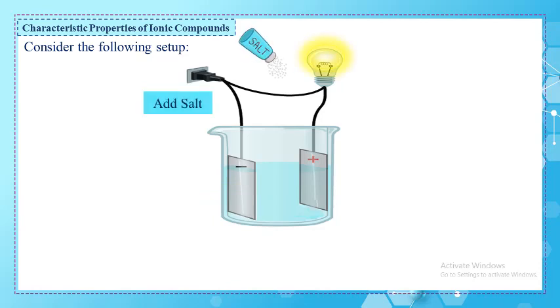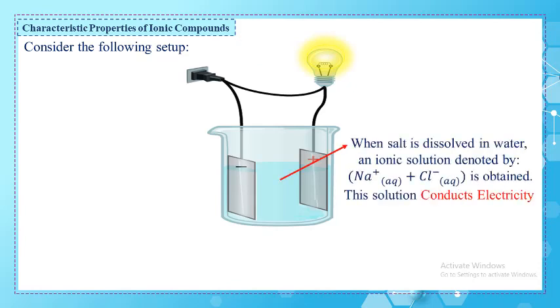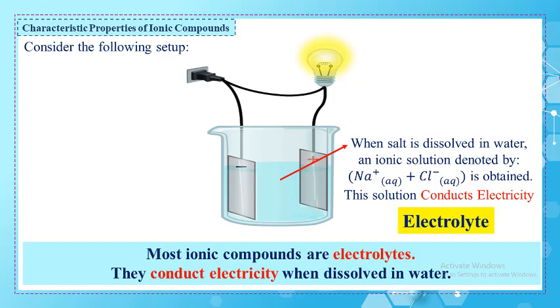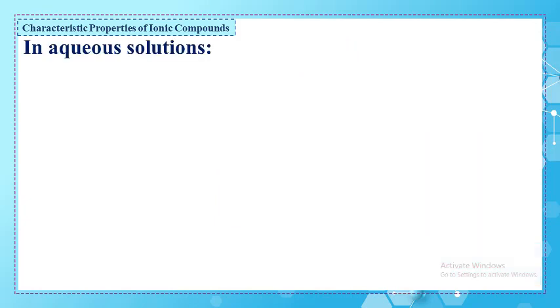What happens here? When salt is dissolved in water, an ionic solution denoted by Na+ Cl- is obtained. This solution conducts electricity. It is called an electrolyte. Therefore, most ionic compounds are electrolytes. They conduct electricity when dissolved in water.